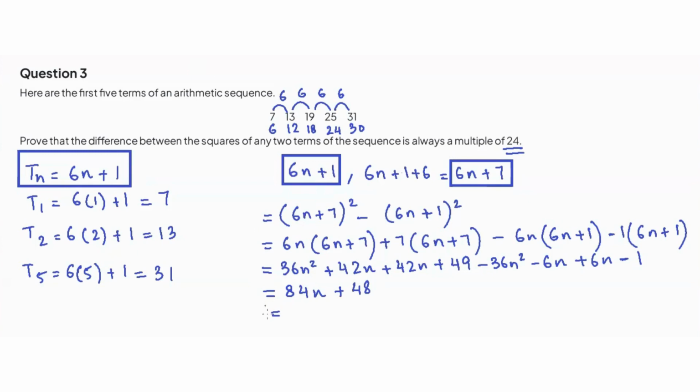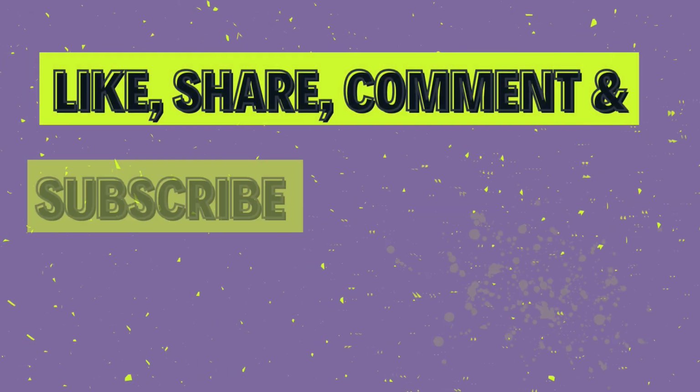Now 84 divided by 24 is 3, so 3n over here, and 48 divided by 24 is 2. So as you can see, the result is a multiple of 24. Whatever the value of the bracket is, it is getting multiplied by 24.